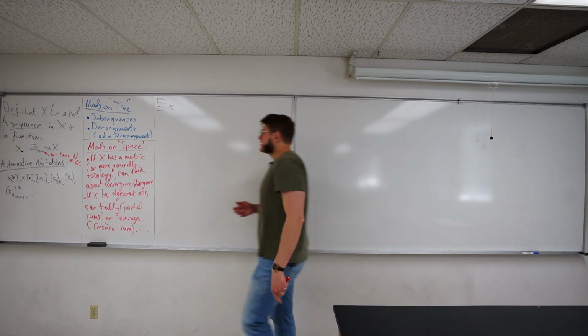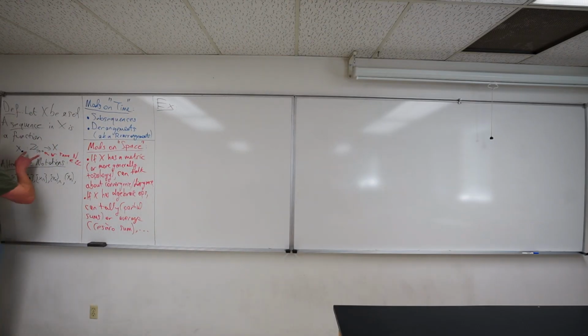The point here is that, like I told you last time, I want to think of this as my time. And here, n is supposed to be a dummy variable. So if I don't need to specify the time parameter, I'd rather not call it anything. Because we're going to start looking at things like subsequences.